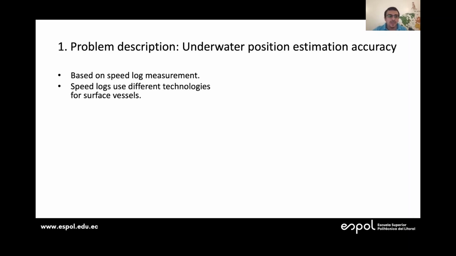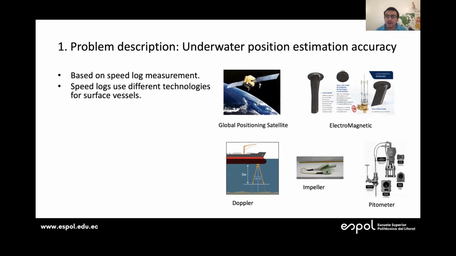So we found that there are a lot of options that surface vessels use. Typically, they trust the GPS, as all of us do. But when the submarine is operating underwater, you get no signal for the GPS. Just imagine underwater, 40, 50 meters under the free surface. So they have to rely on several kinds of devices.